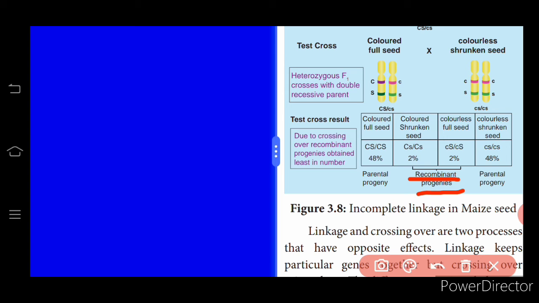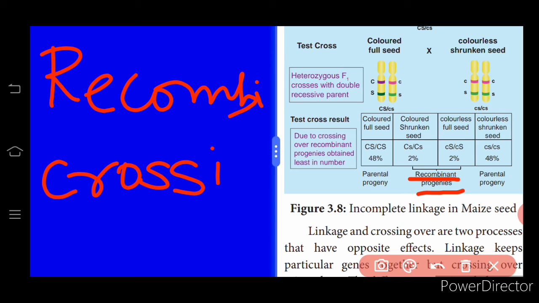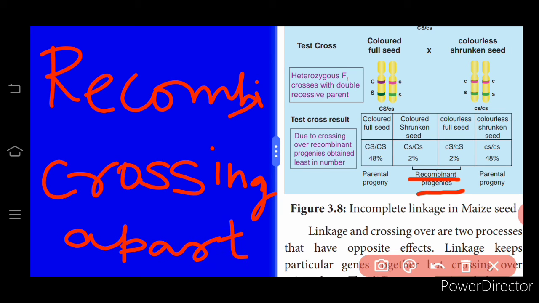How does this recombination occur? Recombination will occur only by crossing over. When will crossing over occur? When genes sit apart, there is a chance for crossing over.